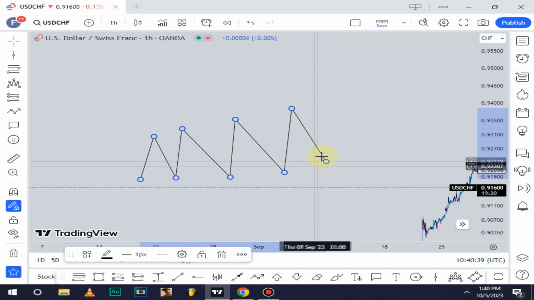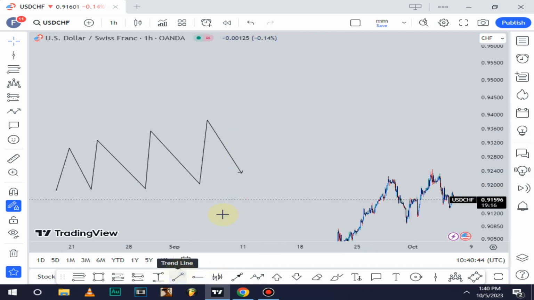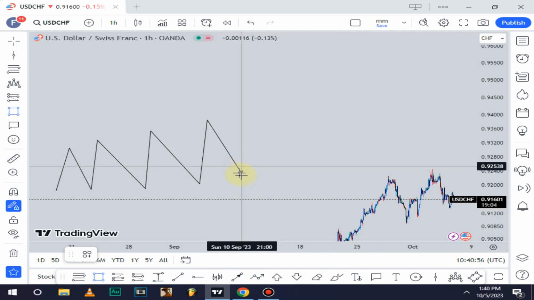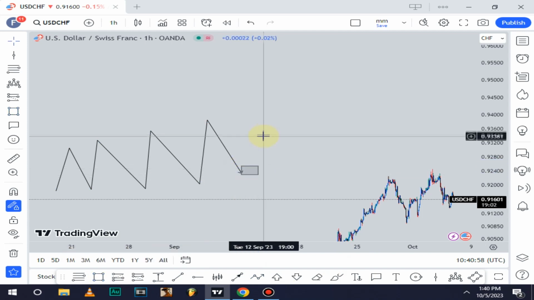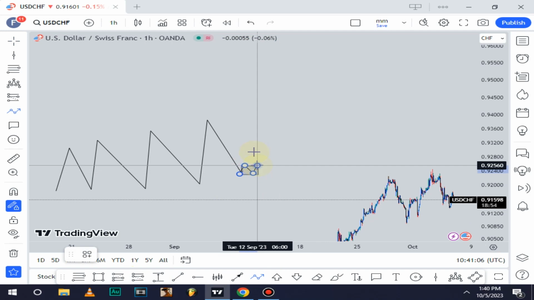So now I want to identify those zones that the market has consolidated for some time, and maybe mark the support or the demand and the supply zone, right? So what do I mean? I need those zones where the market is moving in a sideways zone, just like that, right? So I need to identify that, and let me do this. This is what I want to identify, right?